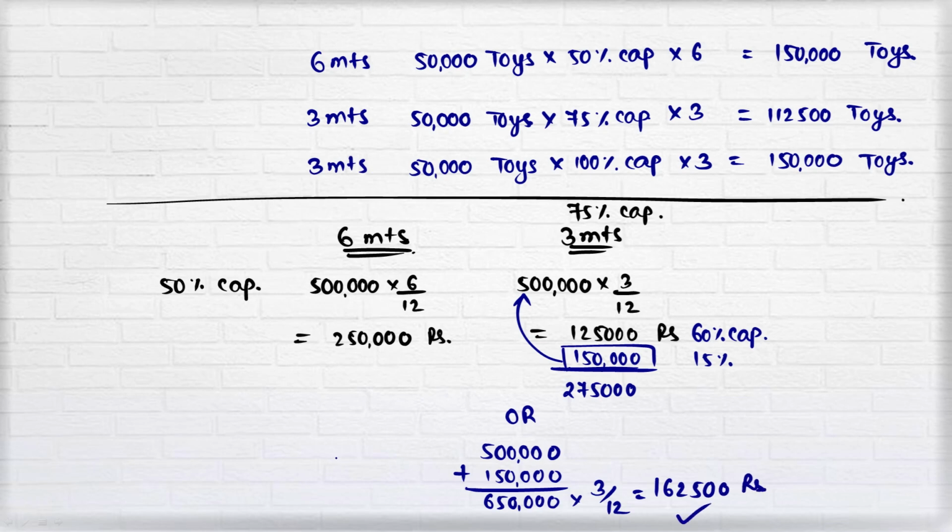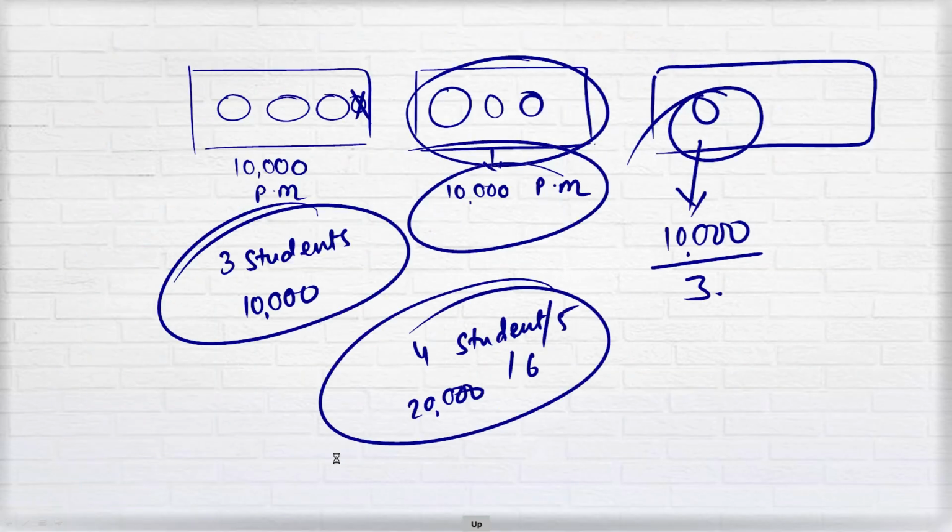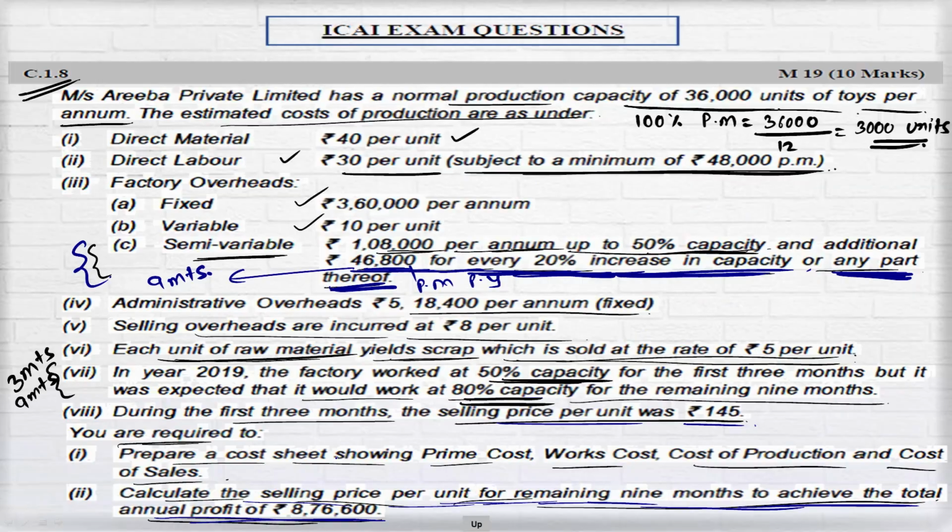Same wordings were written? Yes. Let me tell you even the question. What was the question number? It was 8. There 46,800 were taken for 9 months.